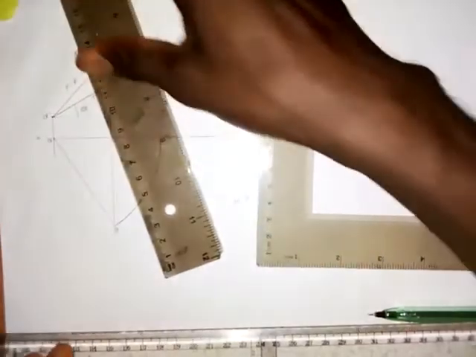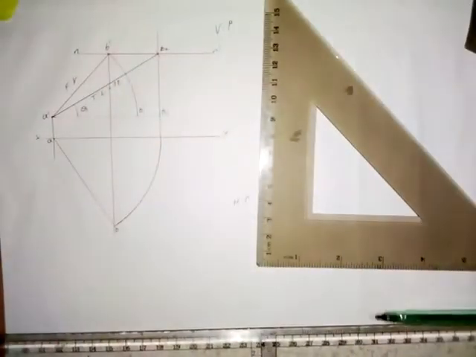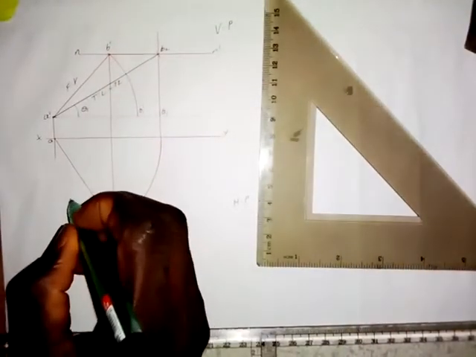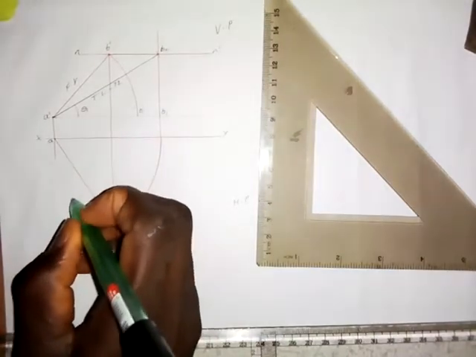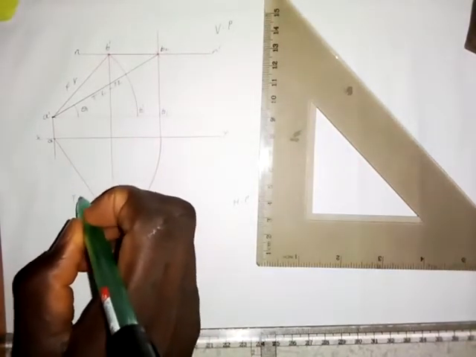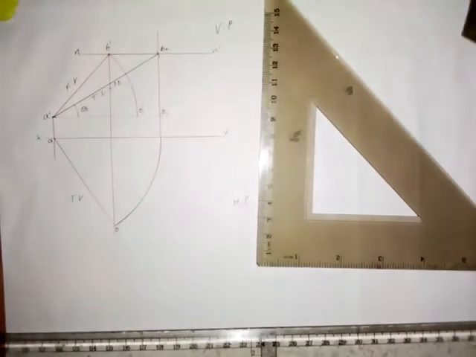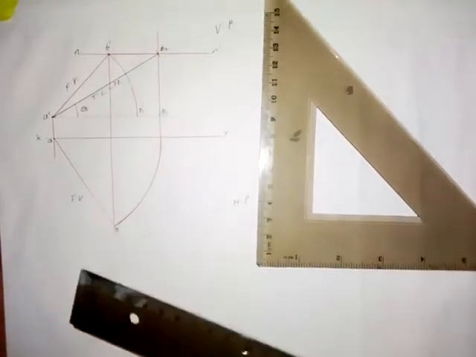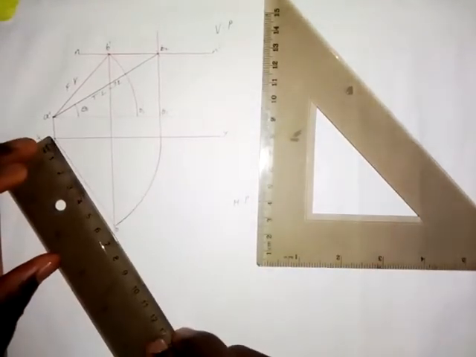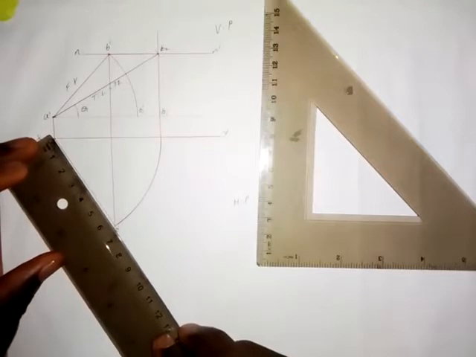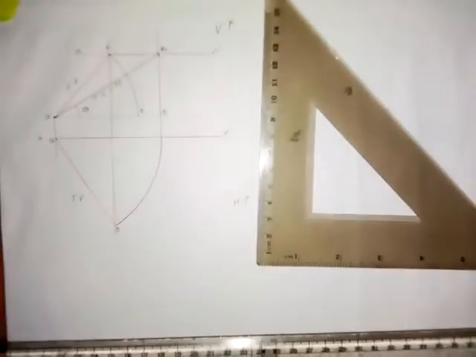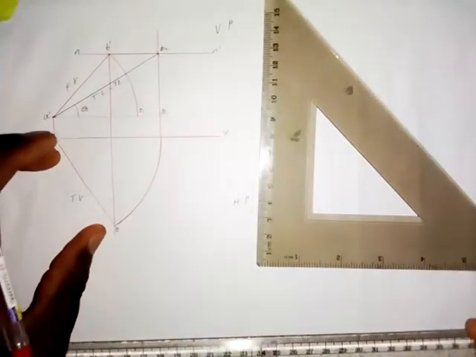So this line AB is the top view of the line, and it is equal to 62 millimeters. If you take the measurement of the line, this will give you 62 millimeters. Okay, so we have drawn the top view.